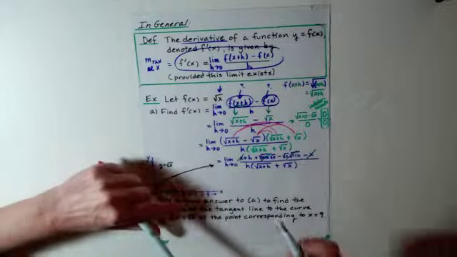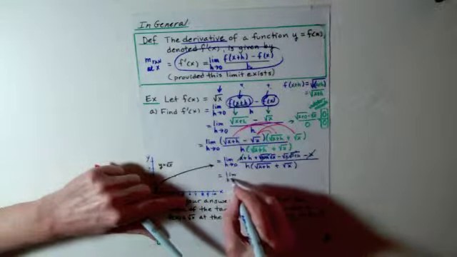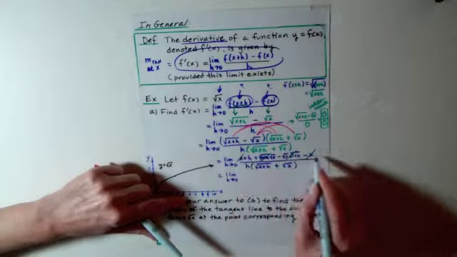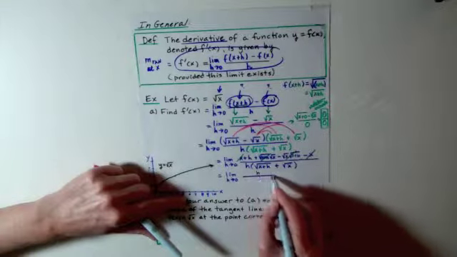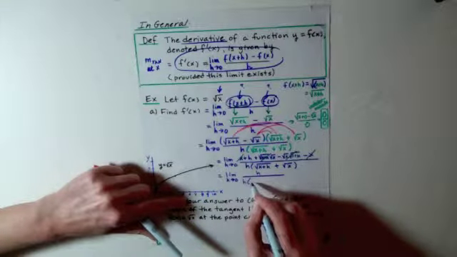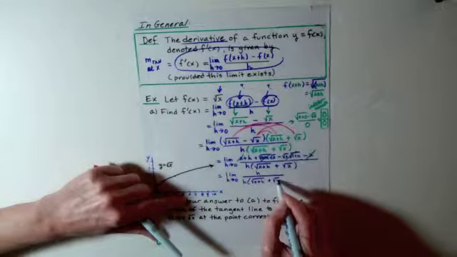Great, okay, so what am I left with? I have the limit as h goes to 0 of, and the only thing that's left in the top is h. And down in the bottom I have h times the square root of x plus h plus root x.